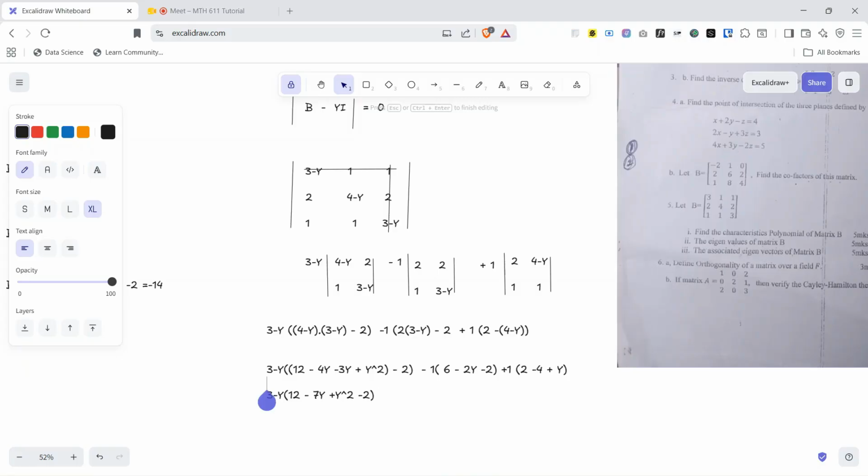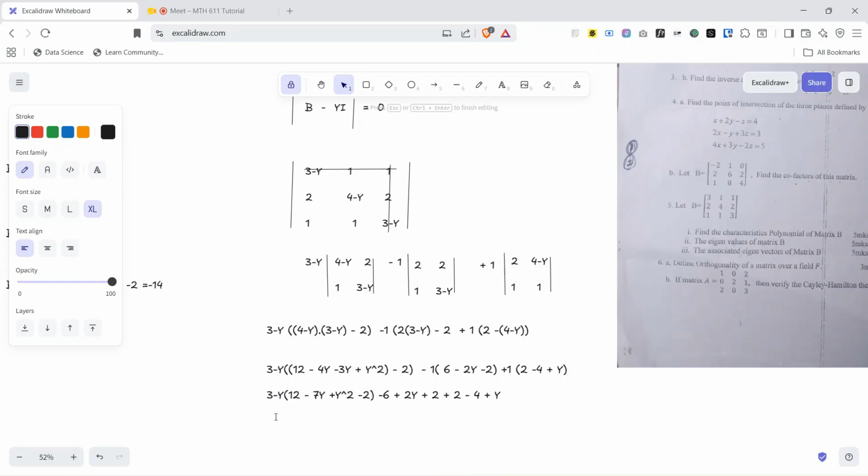We can decide to multiply through the minus here, so this is going to be minus 6 plus 2 lambda plus 2. Then plus 2 minus 4 plus lambda, right? But we are still not done, because we still need to multiply 3 minus lambda with what we have in this bracket.